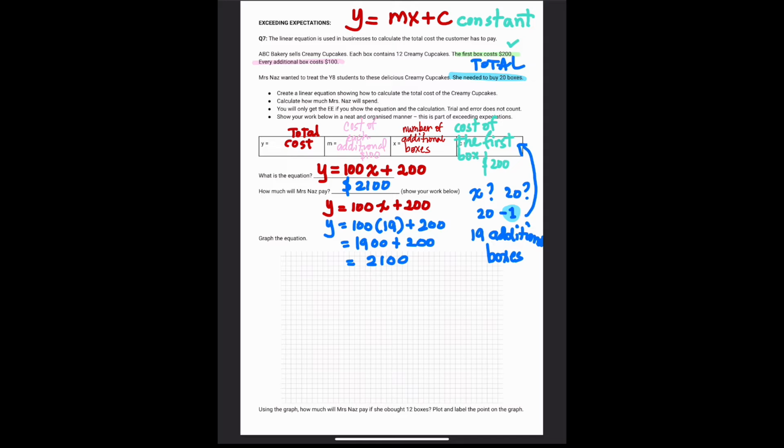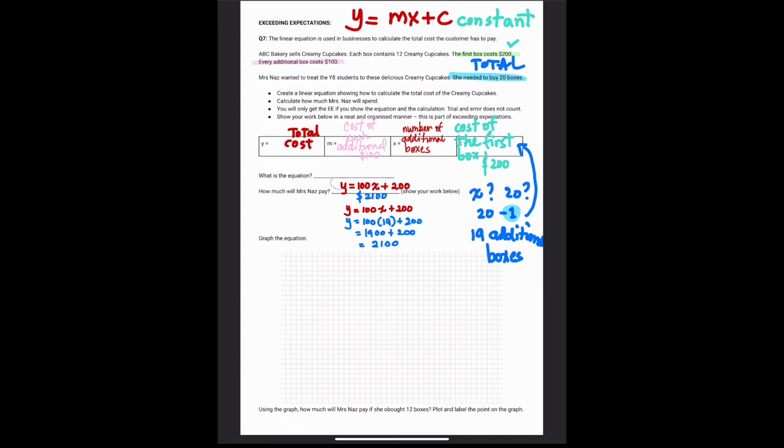Let me resize this so that we have space for the graph. So let's look at our graph.